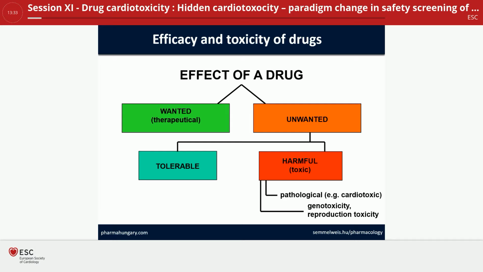But unfortunately, there are harmful toxic effects which can be pathological, for example, cardiotoxicity or any other organ toxicity, or other types of toxicity like genotoxicity and reproduction toxicity. And now we will deal with cardiotoxicity because this is a very frequent, still unsolved issue, also in the clinic and also in drug development, which is really very strange.